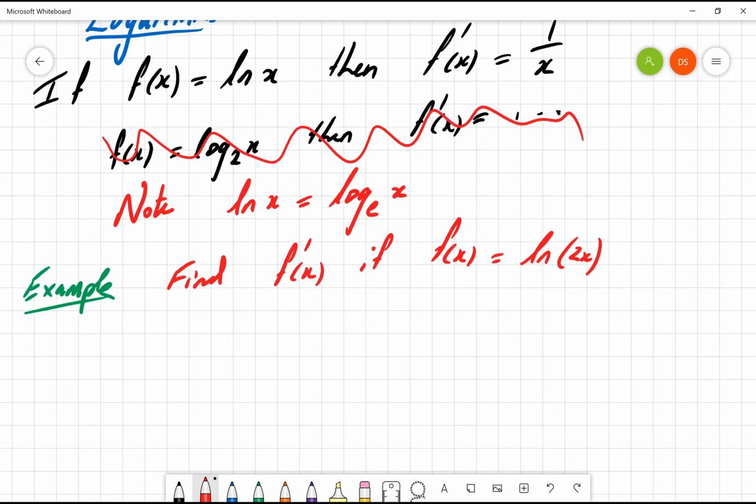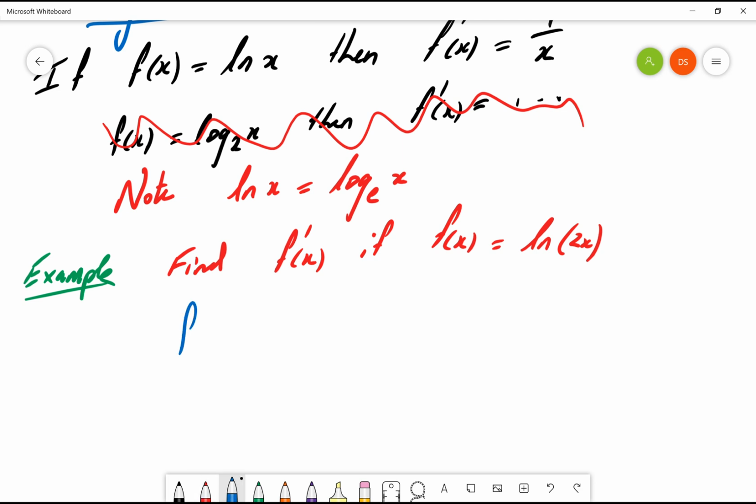Okay, so similar to before, f of x is equal to ln of something, and so f dash of x, according to the ln rule, is just 1 over the inside.